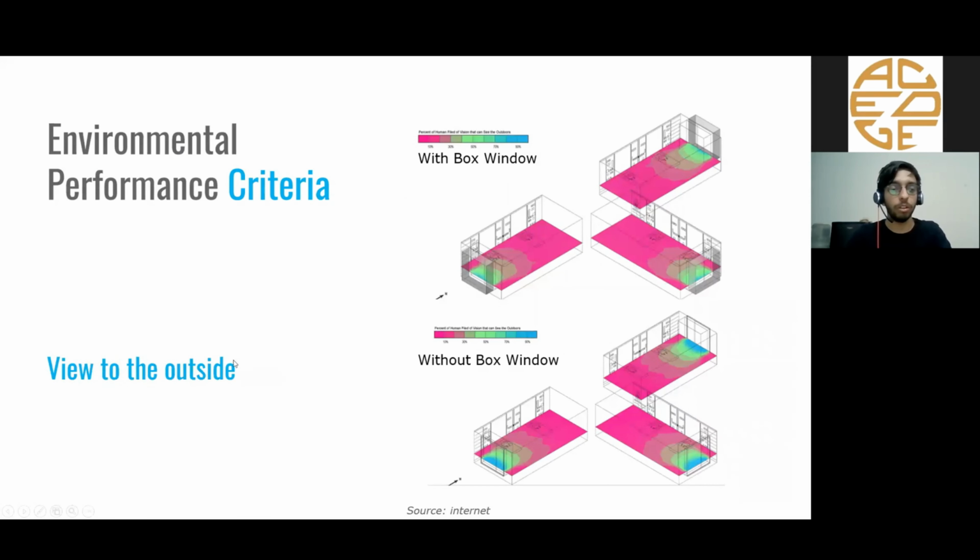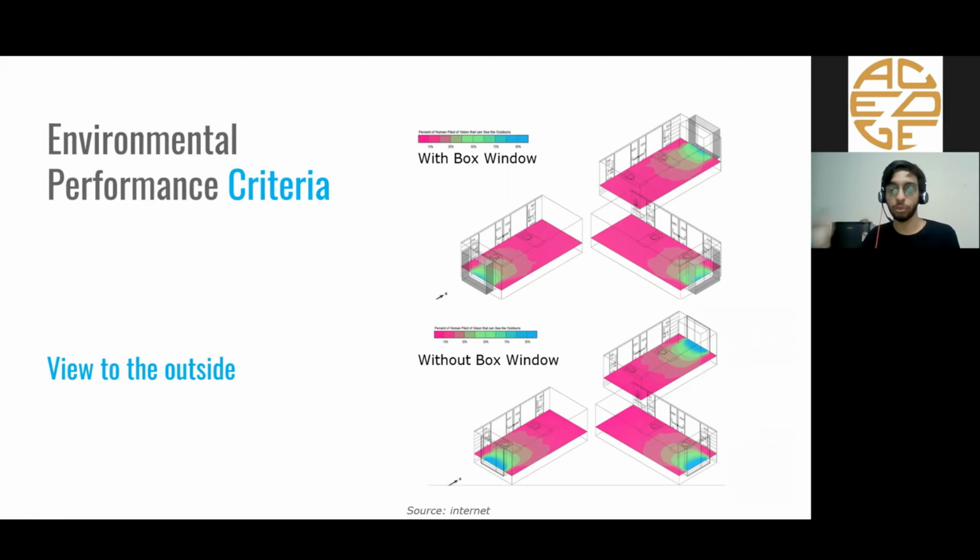Then we come to view to the outside. View to the outside is also very important because of a number of research projects going on recently, many more with CMU and Berkeley, researching the psychology of human beings when they have a view to the outside.